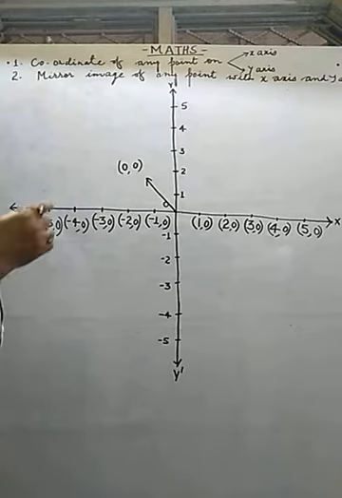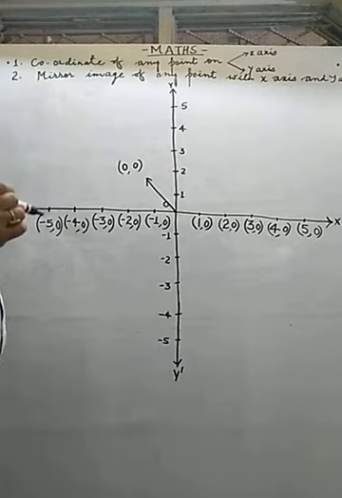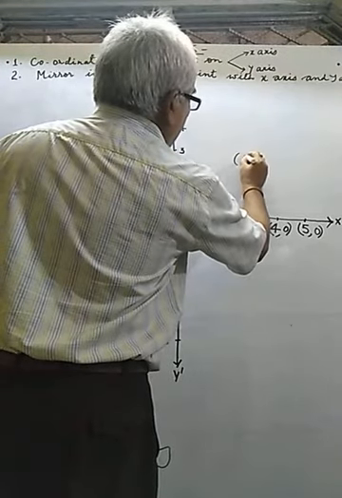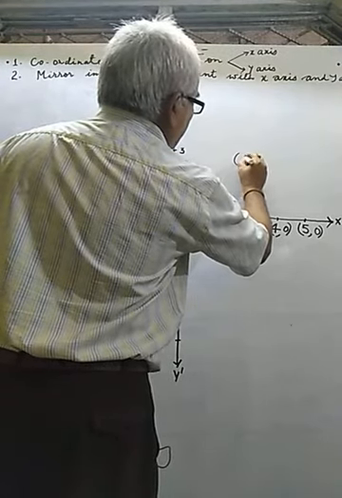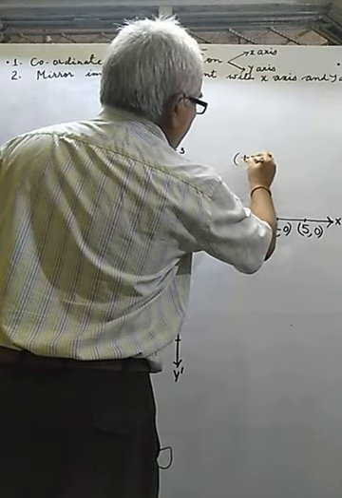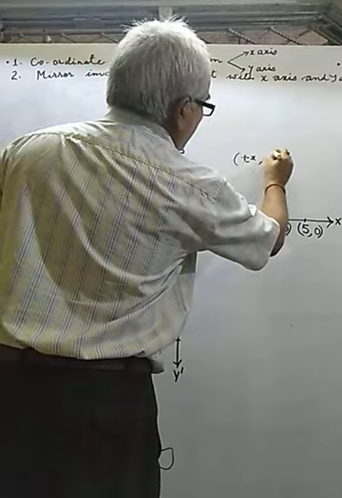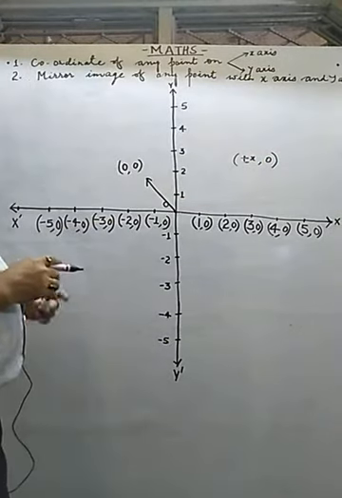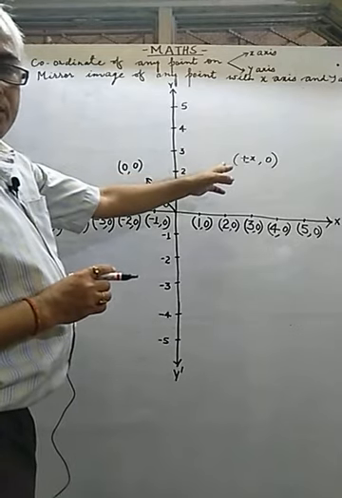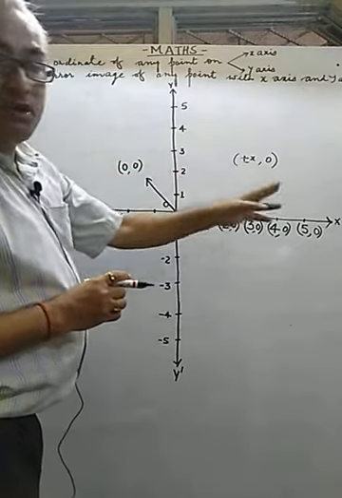The value of ordinate will be 0 continuously. Only the value of x, or abscissa, will vary from point to point. So the general form of any point on the x-axis is (±x, 0). Either it will be plus x or minus x, and the value of ordinate will be 0.